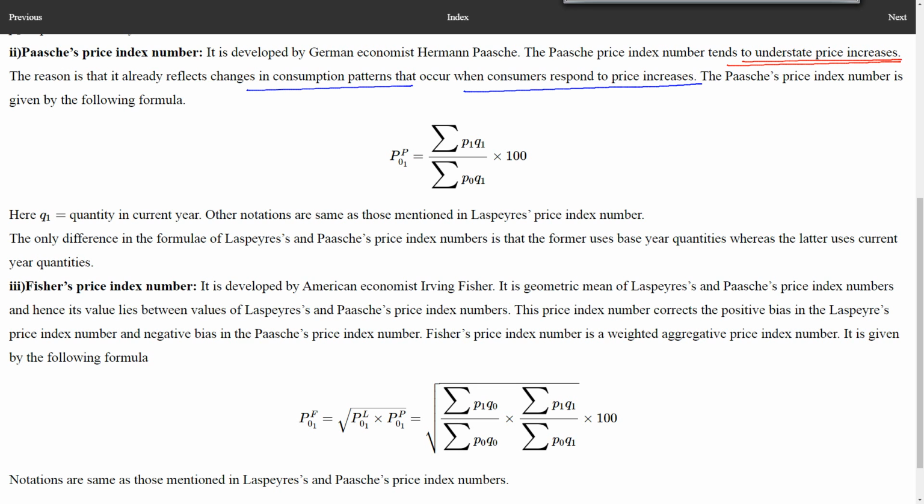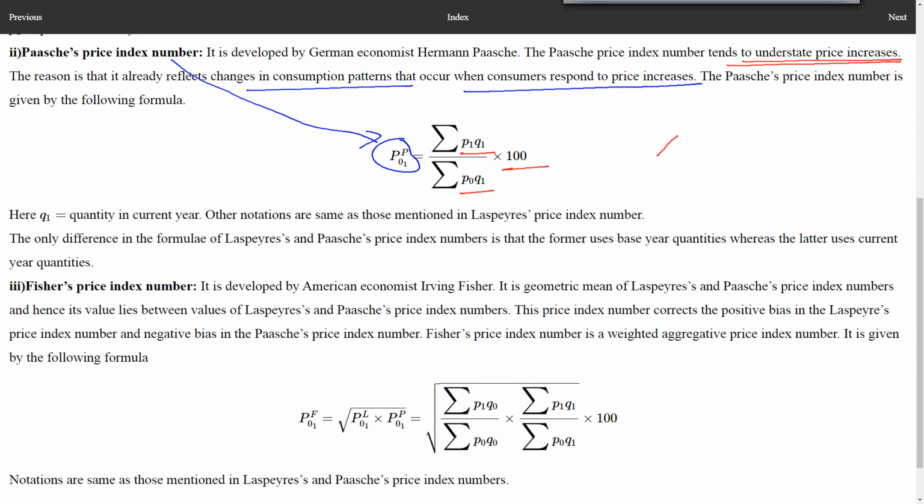The Paasche index number is given by the formula P01P, Paasche's index number, is equal to summation P1Q1 divided by summation P0Q1 multiplied by 100.